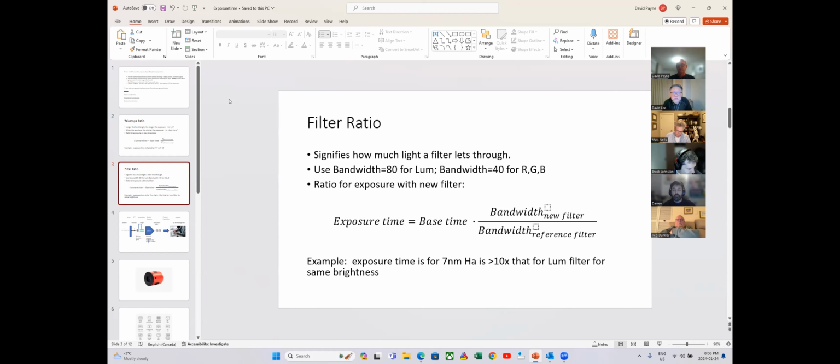What's the unit of measure, Dave, for the bandwidth? Is it nanometers? Nanometers, yeah. So for a lume filter, you would say 80. In other words, for a lume filter, you might expose double what you might do for an RGB. I rarely do that. But again, I'm emphasizing we're not talking about an exact science here. You don't have to be exact.